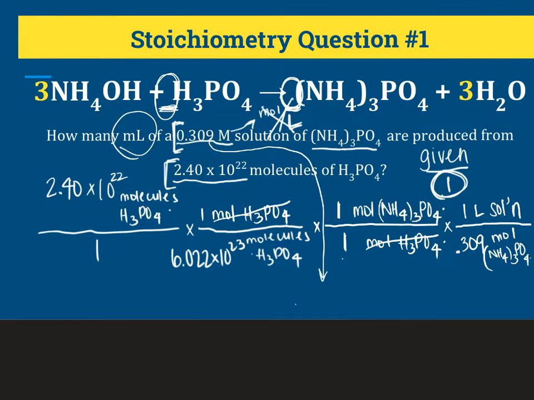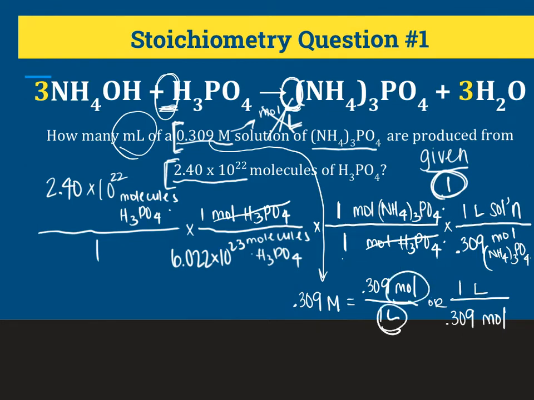If we have something that's 0.309 molar, we know that that's also 0.309 moles per 1 liter, or we can always write that as 1 liter over 0.309 moles, because that's just a ratio of how many moles are in every liter. Whether you write it how many liters, 1 liter, for how many moles, or this way, it doesn't matter.